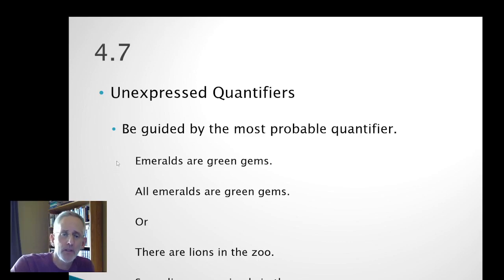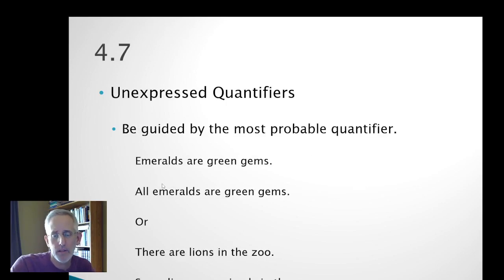If you get a statement like emeralds are green gems, the initial statement seems to be making a claim about every emerald that exists or ever will exist. And so the most accurate translation of that into standard form would be all emeralds are green gems. You're making a claim about every member of the emerald class.